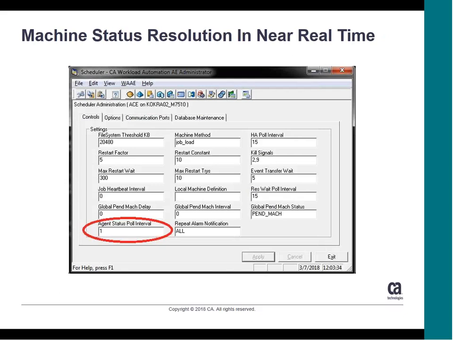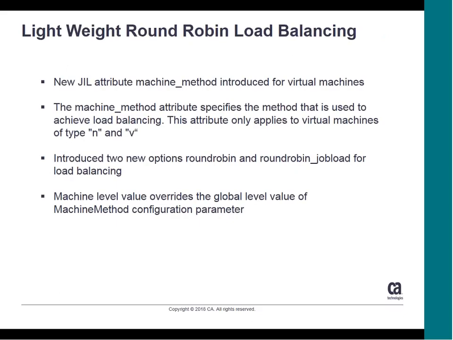Coming to the next feature, lightweight round-robin load balancing. As I mentioned earlier, we have introduced two new options, which are round-robin and round-robin job load, for load balancing.